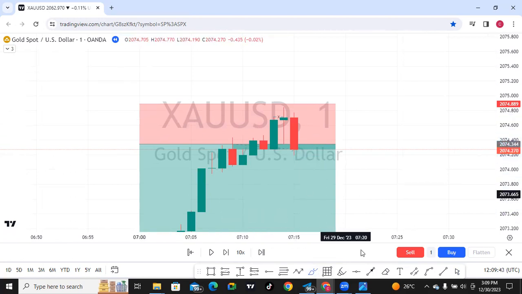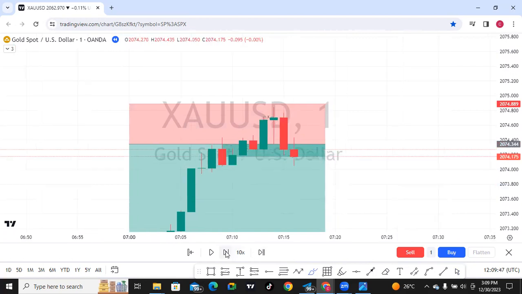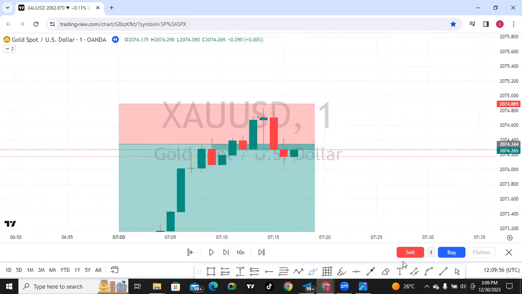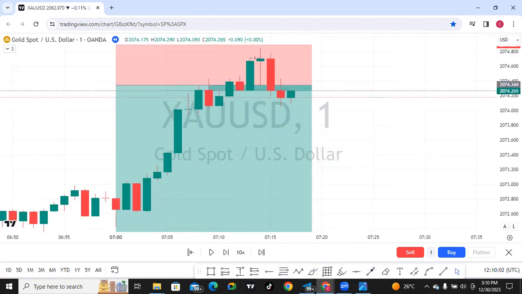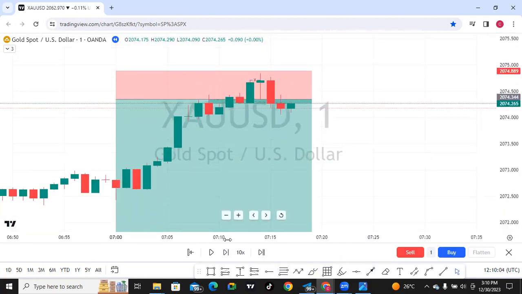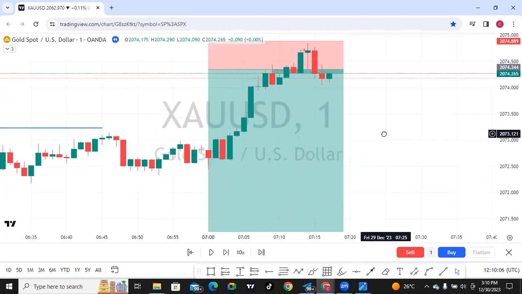That's the kind of confirmation I use. So let me see. You can see the candle tapped on the zone. So this was a sell limit and it's now activated. So let's see what the market does. And if the market breaks this low, let me show you something. If it breaks this low, then I'll have a change of character.